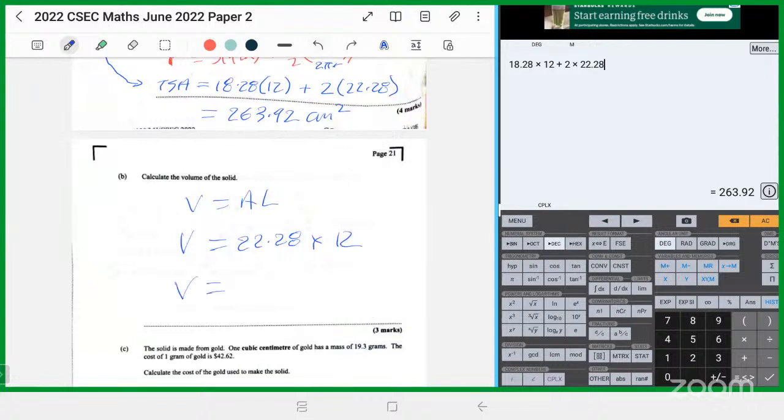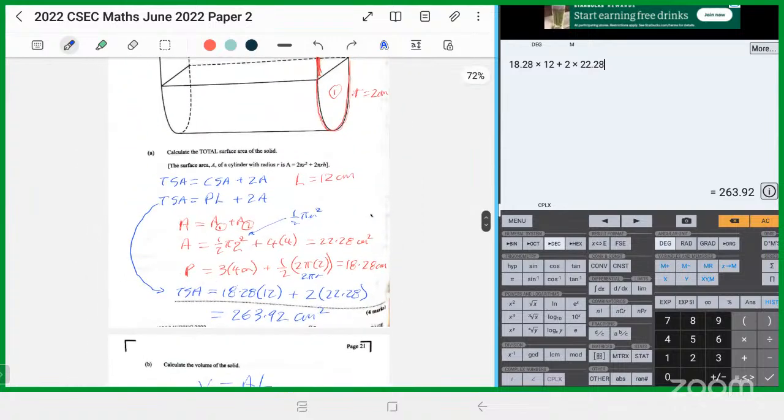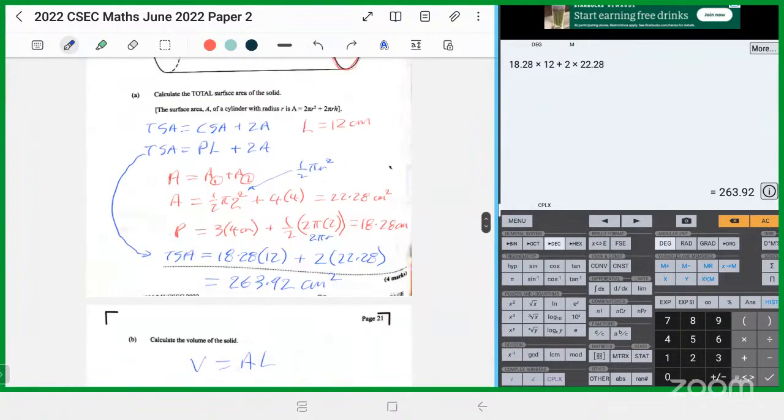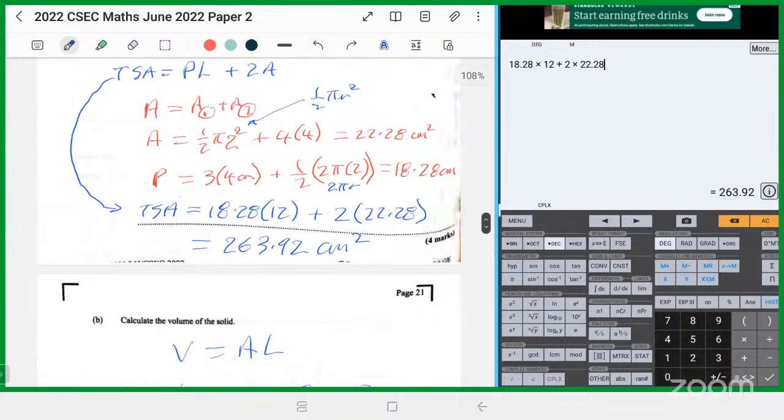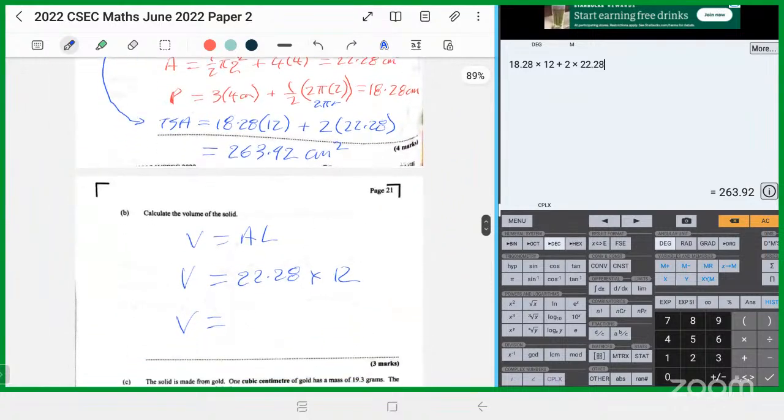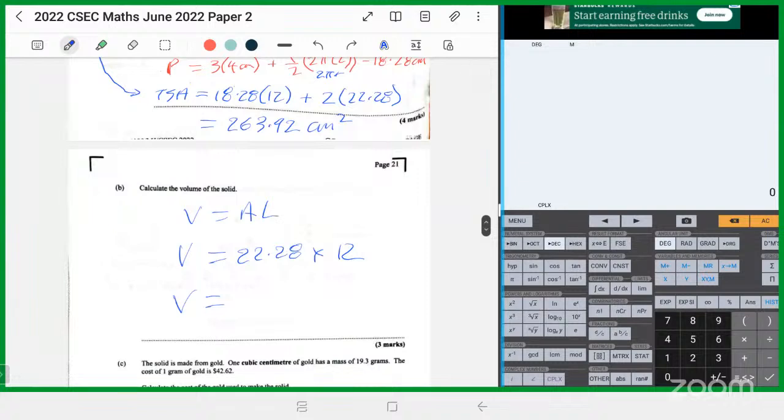I really did the bulk of the work up here, and this was 4 marks. It's hard to get a question given so many marks. So 22.28 times 12 is 267.36 centimeters cubed, the volume of that solid. Very good.